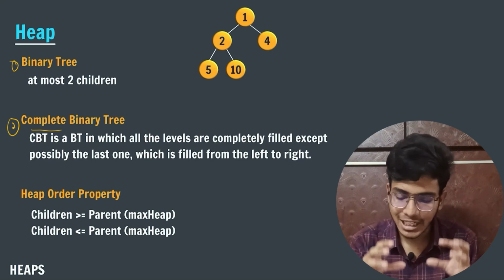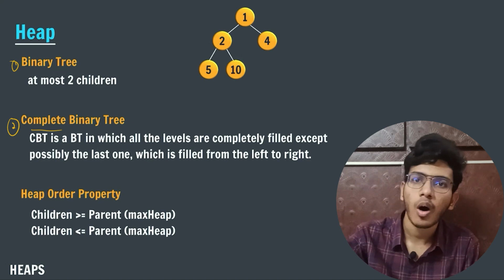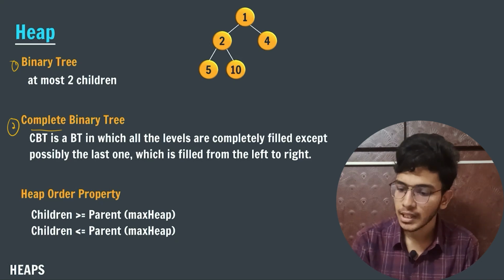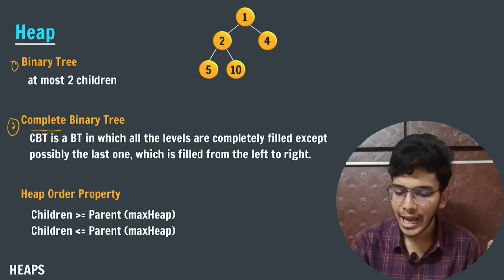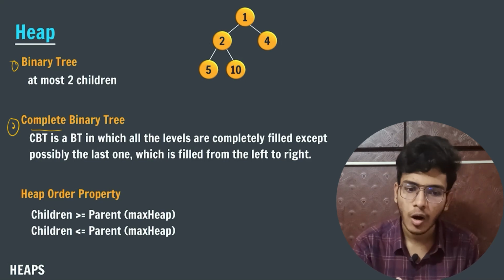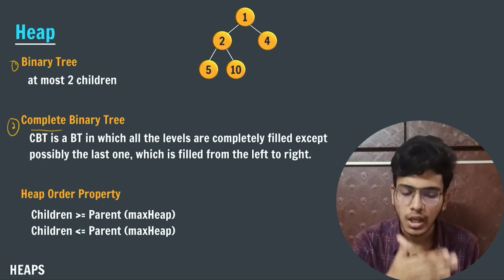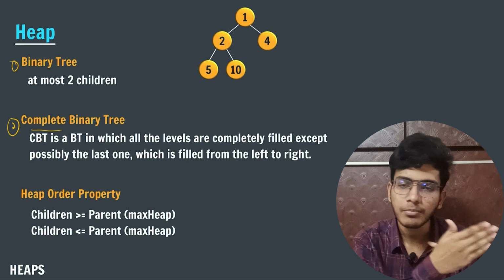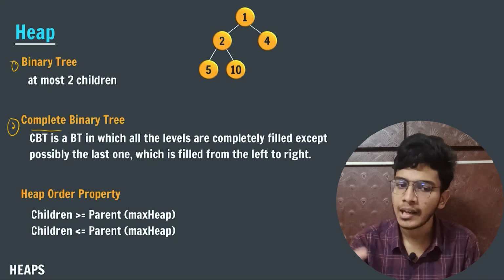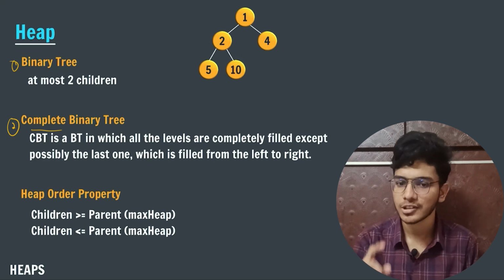So a complete binary tree is a binary tree in which all levels are completely filled except the last one. The last level doesn't have to be completely filled, but the filling process for the last level should go from left to right. If this condition is satisfied, then it is said to be a complete binary tree. I hope you have understood the definition.